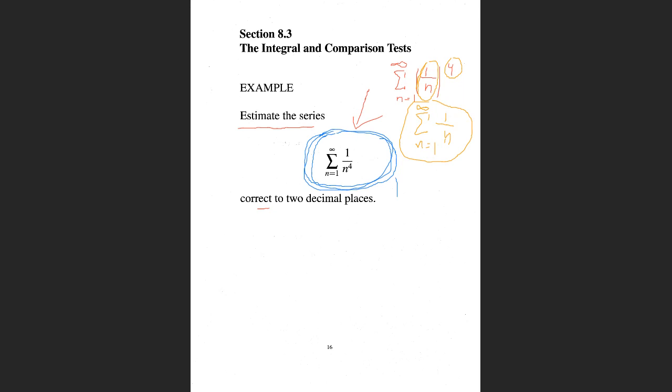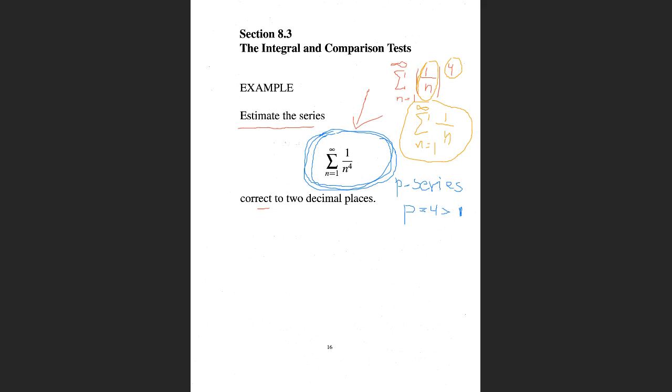This is a p series. What's the value of p? P equals 4. And 4 is greater than 1. So the series converges. But it's not like a geometric series.